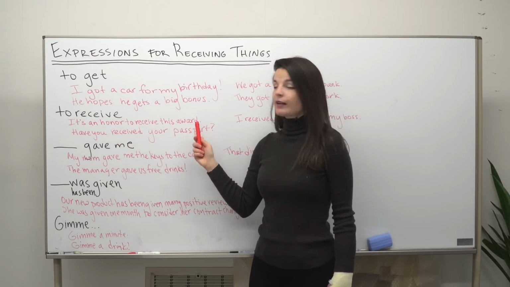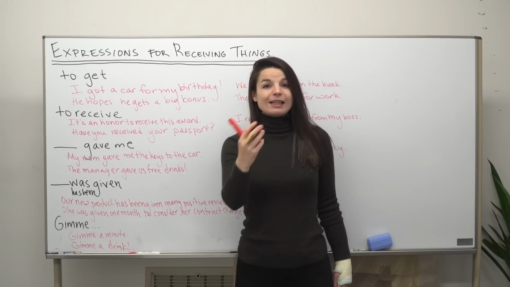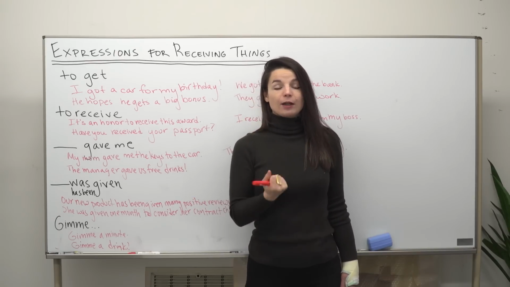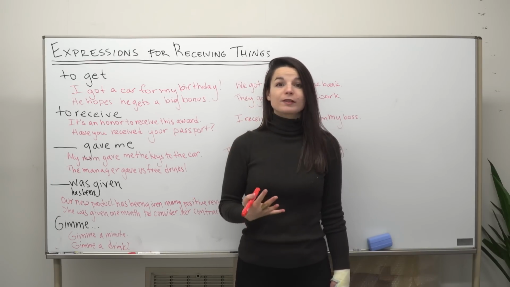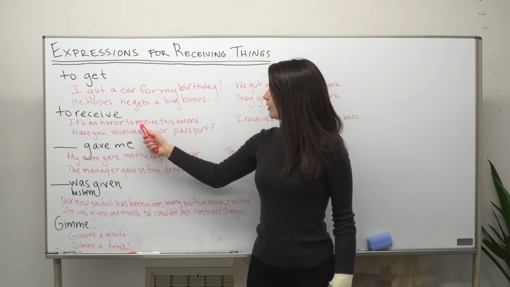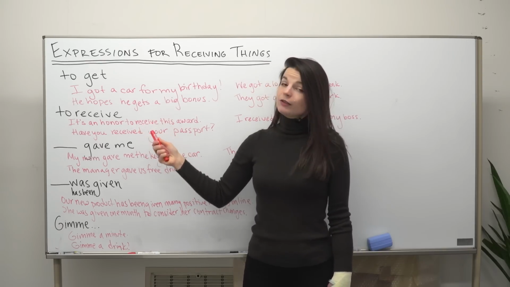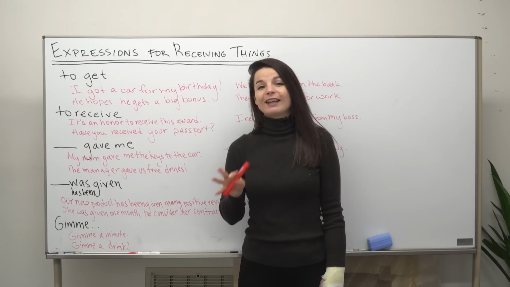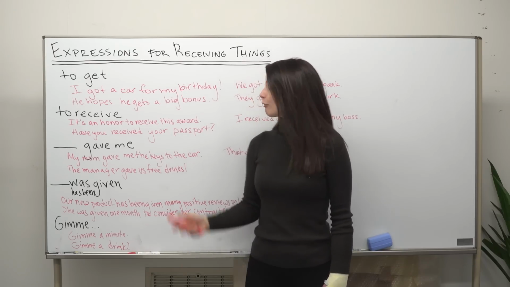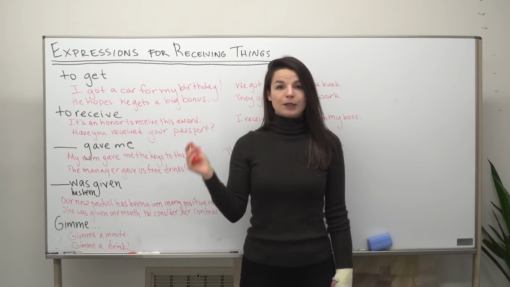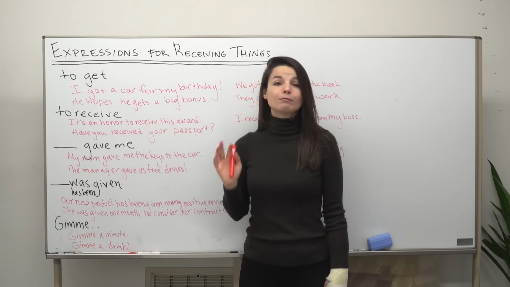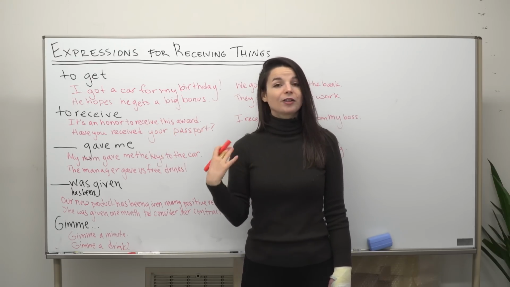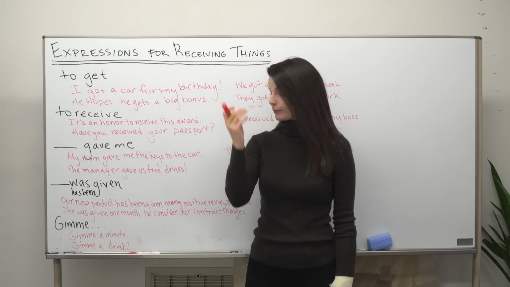So in this case, someone is accepting an award. It's probably a formal situation. So we use the verb receive. You could use the verb get here. For example, it's an honor to get this award, but get sounds too casual for something like an award ceremony. So receive sounds much, much better here. It's an honor to receive this award.